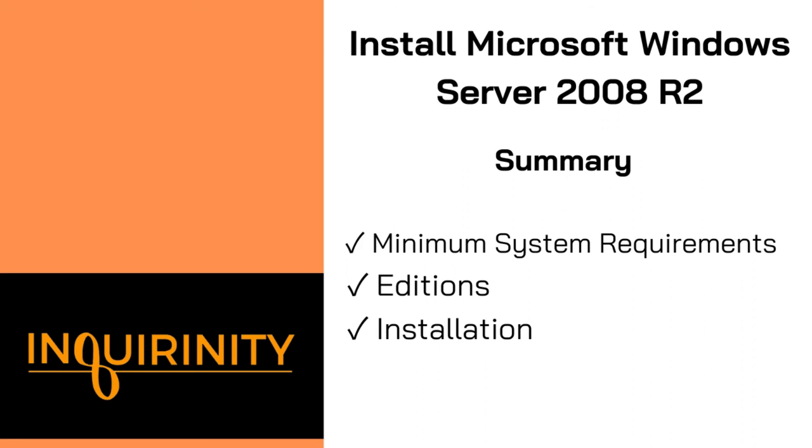Then I showed you the Oracle VirtualBox VM prepared for this installation, where I already have the required ISO file. I then started this VM to launch the installation and proceeded with the Windows Server 2008 installation, which is a standard full installation.